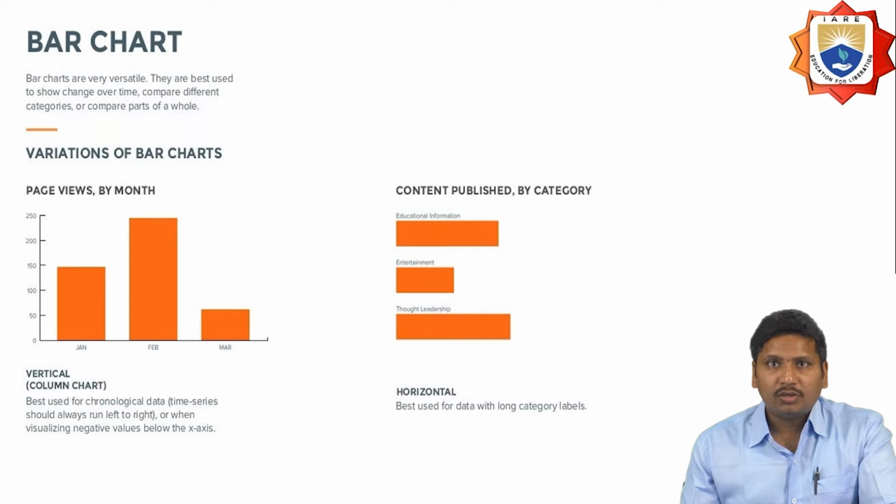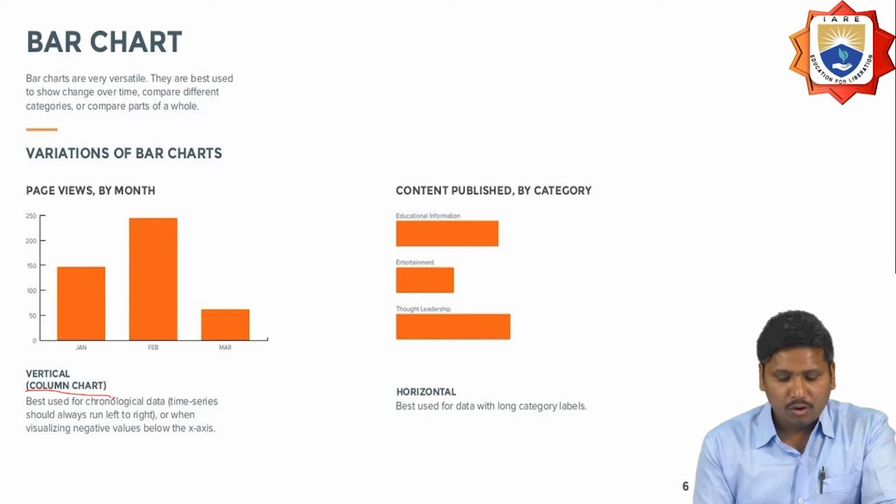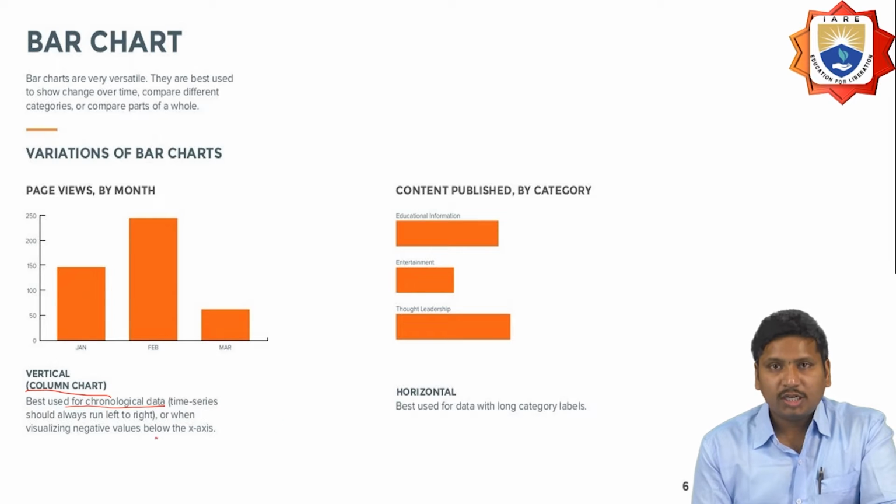The bar charts are very versatile, and they are best used to show change over time and compare different categories and different parts of a whole. The variations of bar charts are of different types. First, a vertical bar chart, and then a horizontal bar chart. The vertical bar chart, also called the column chart, is best used for chronological data.